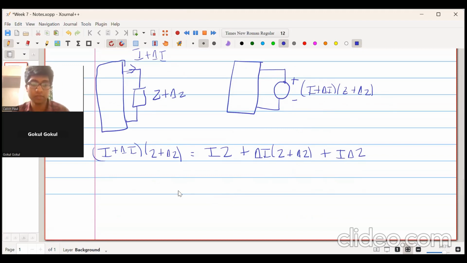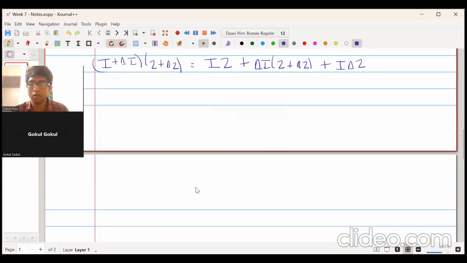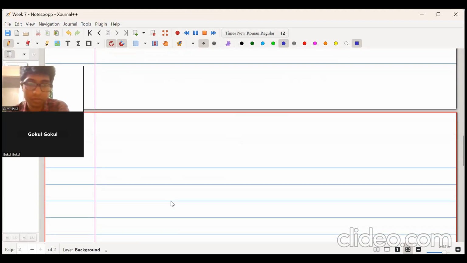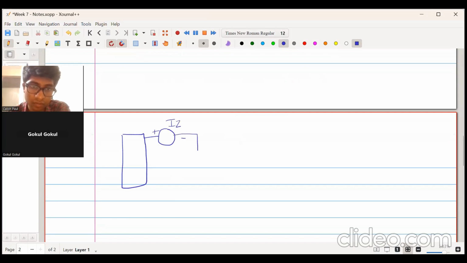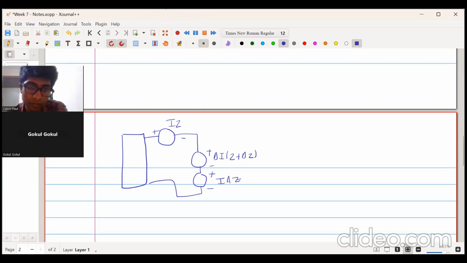We will write it like this: the same network, only it is replaced by this voltage source IZ, then this voltage source delta I into Z plus delta Z, and another voltage source I into delta Z.